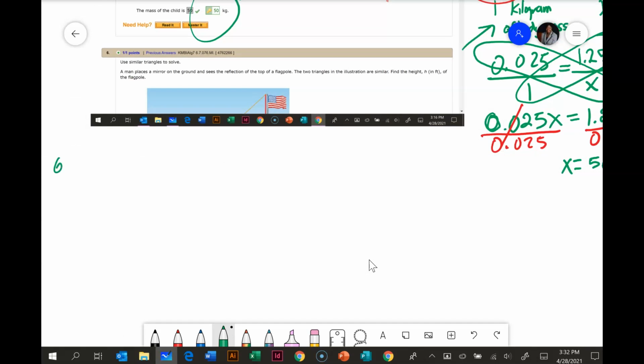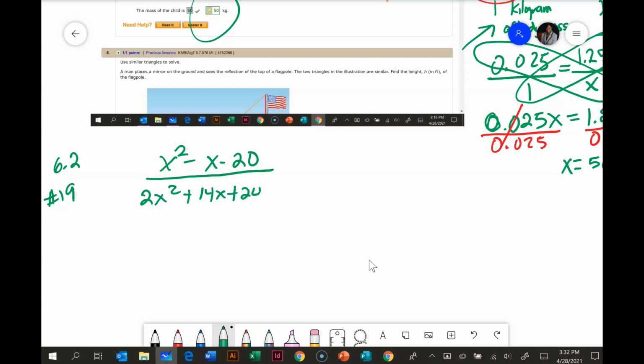This is 6.2, number 19, x squared minus x minus 20 over 2x squared plus 14x plus 24 divided by x squared minus 36 over 2x squared plus 18x plus 36.